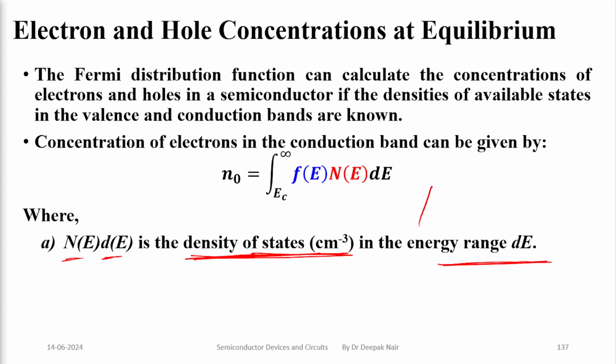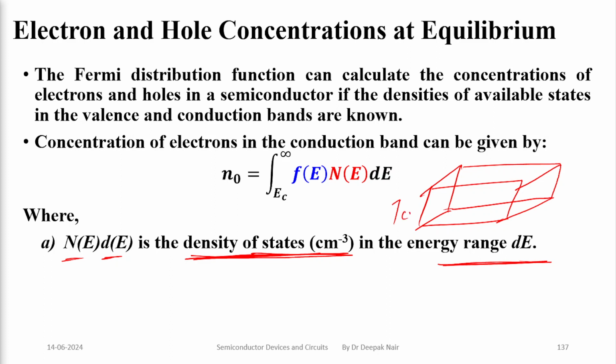So let me draw just a centimeter cube. Suppose we have a semiconductor. This is a 3D representation. If this is 1 cm, 1 cm, and 1 cm, so it is 1 centimeter cube, then if we take small chunks of this semiconductor, we can call this height dE, and in this volume dE, how many electrons are available?